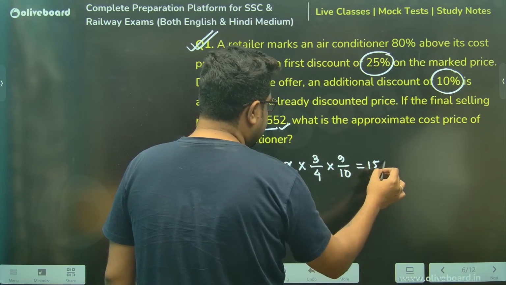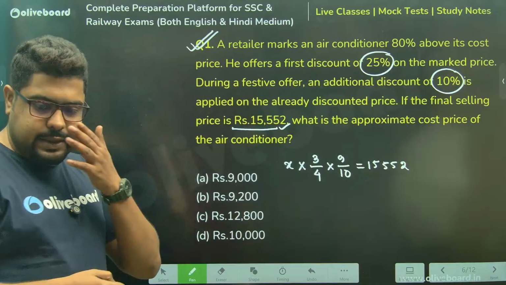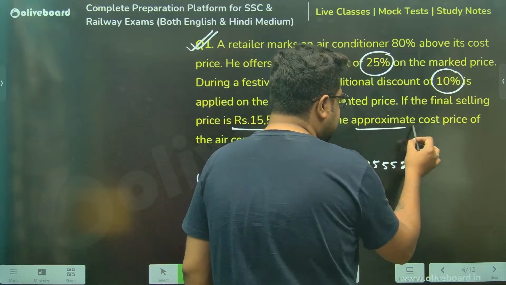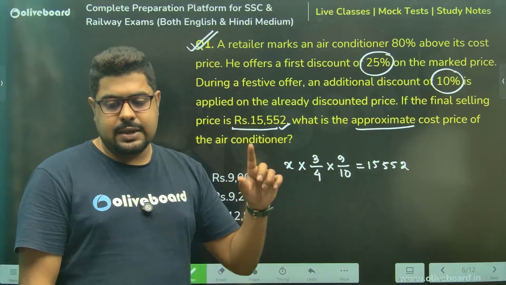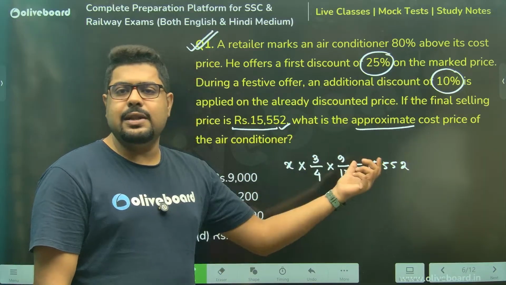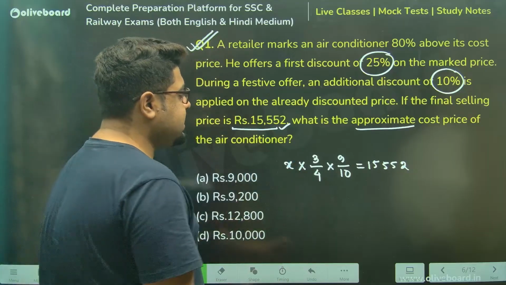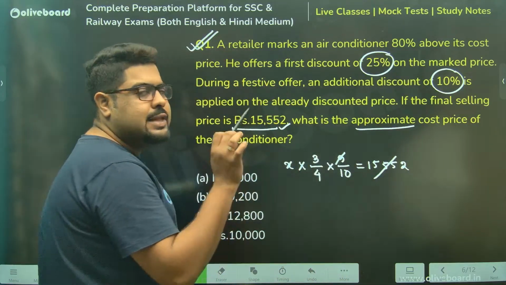This is equal to 1,552. Now, the approximate word is kind of giving me a little trouble. Most of the time, this method is very good, but if it is not divisible, then it might create a little problem. But in this case, 15, 3, 18, this is divisible by 9, so this will not give us that much trouble.